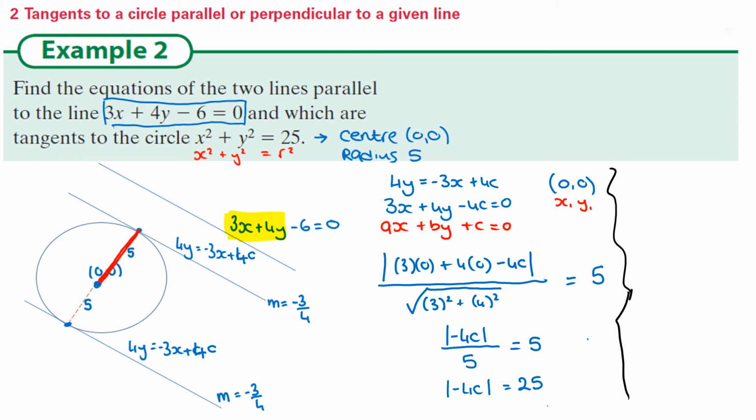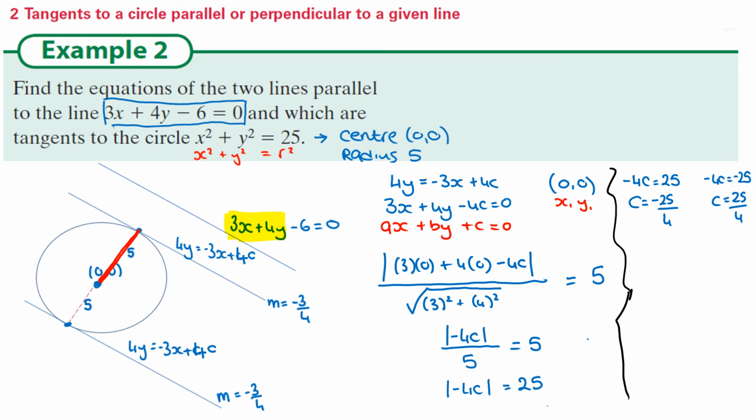It's possible that minus 4c was just 25, or maybe minus 4c was actually minus 25 and we changed our sign. In this case, we get minus 25 over 4. In this case, we get 25 over 4. So that's our two values of c. That's how we get two different equations.